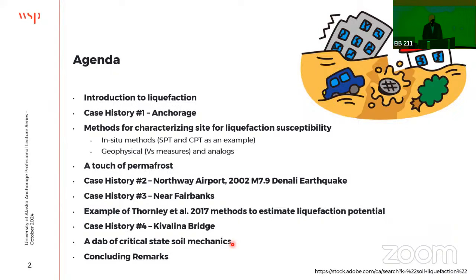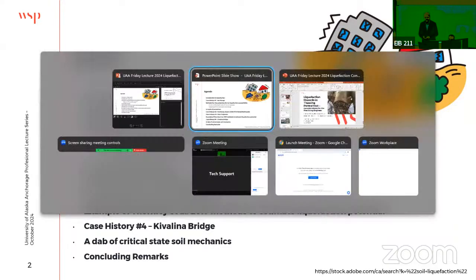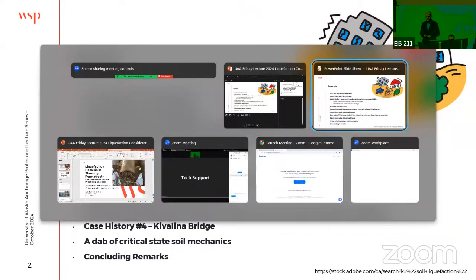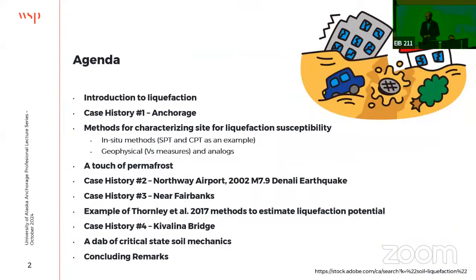So we'll talk a little bit about Anchorage, some methods for characterizing liquefaction, and then a little bit on permafrost and a few case histories. Try to keep it interesting. And at the end of the day, this isn't necessarily a presentation with a bunch of solutions, but a bunch of things to take away and think about, because there are some challenges ahead of us.